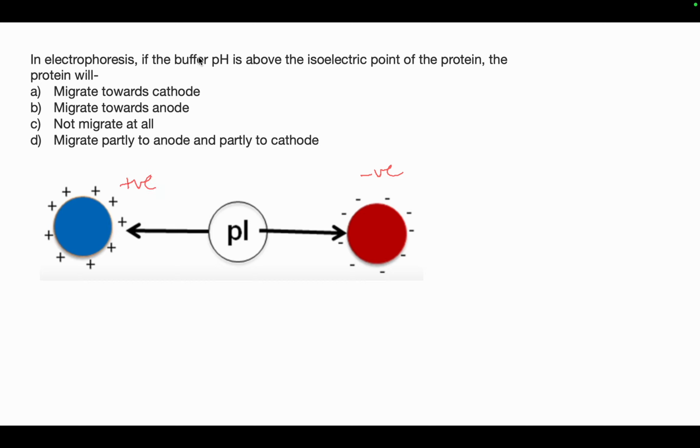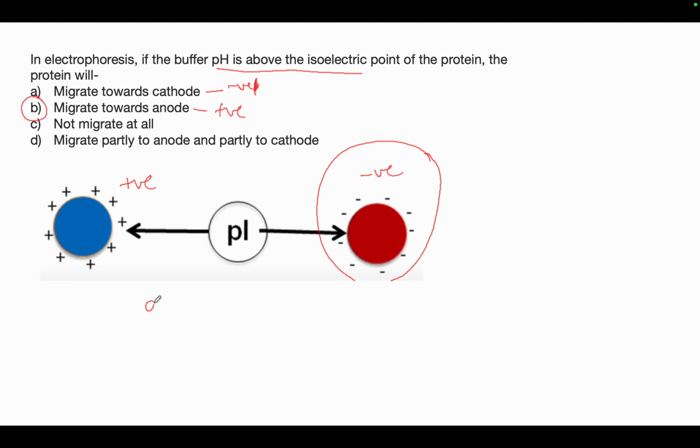So here the pH is above the isoelectric point, so this protein will be negatively charged. The cathode is negatively charged, the anode is positively charged in the battery, so it will migrate towards the anode. Negatively charged protein will migrate towards the anode, very simple.